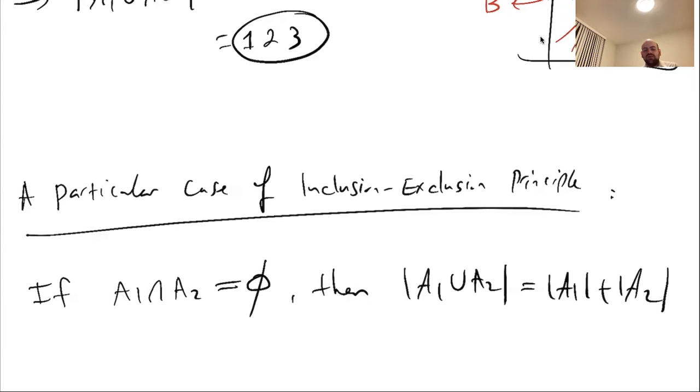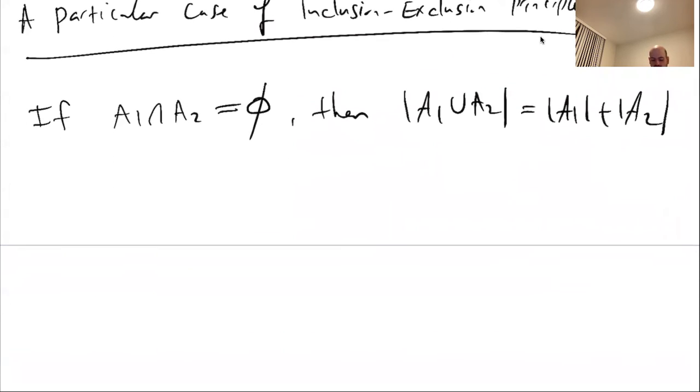Now, if A1 and A2 have no intersection, if the intersection is empty, then that means there's no common way. Therefore, you have to subtract basically 0, which we can ignore. So the number of elements in A1 union A2 in this case is the number of elements in A1 plus the number of elements in A2. We can also generalize this.